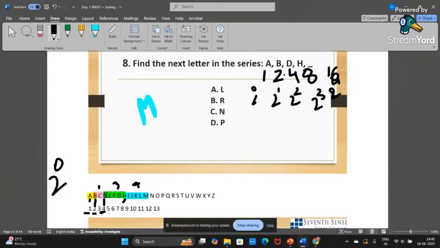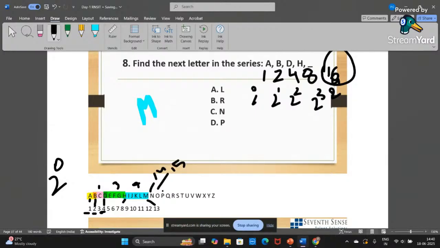The other method is that the numbers are getting doubled. So 1 plus 1, 2. 2 plus 2, 4. 4 plus 4, 8. 8 plus 8, 16. This is one of the methods. Another one is the root method. So the 16th alphabet will be your answer. Got it? So M is 13, N is 14, O is 15.